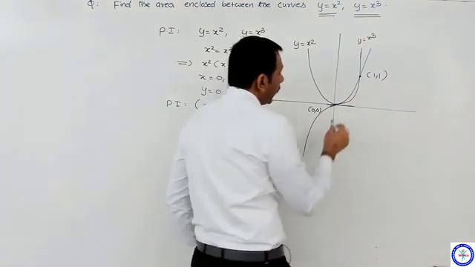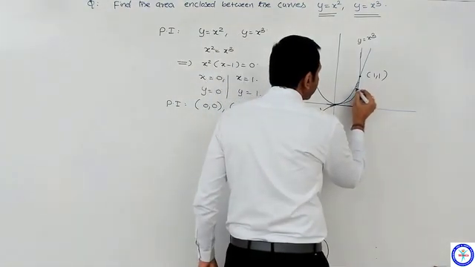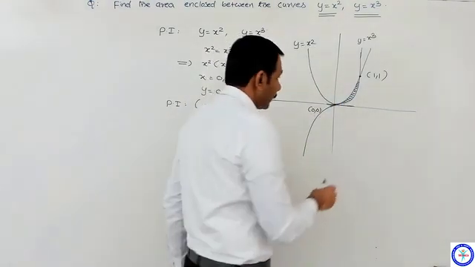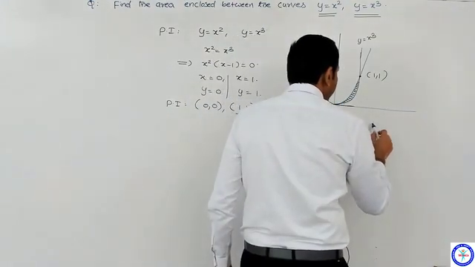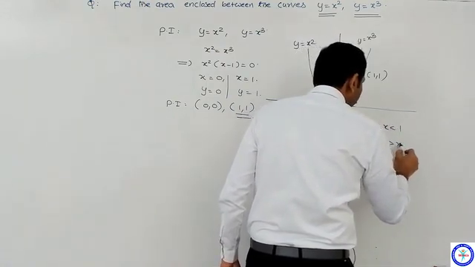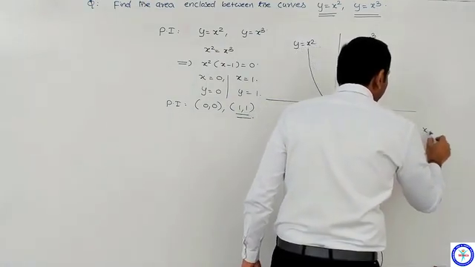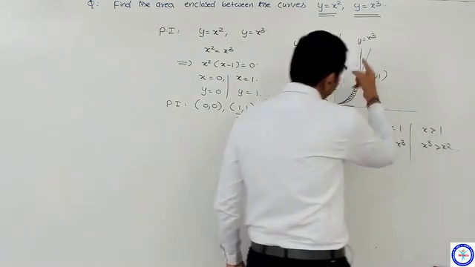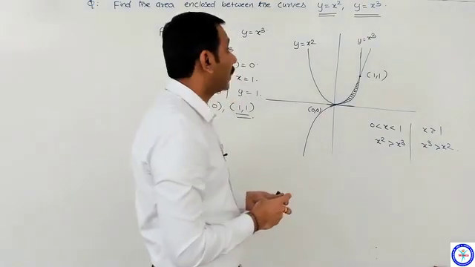Now, I need the area between these two curves, meaning this portion they are asking. See here, whenever x is between 0 and 1, the x square value is greater than x cube, and x greater than 1 means obviously x cube is greater than x square. That is the way I have drawn these two curves.